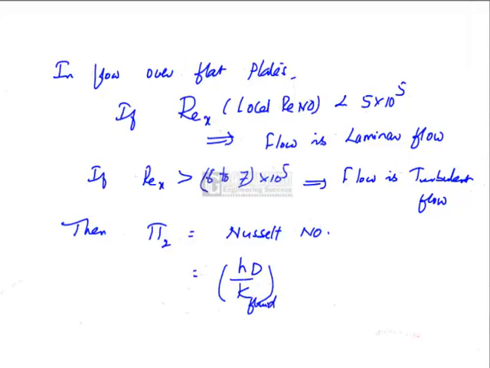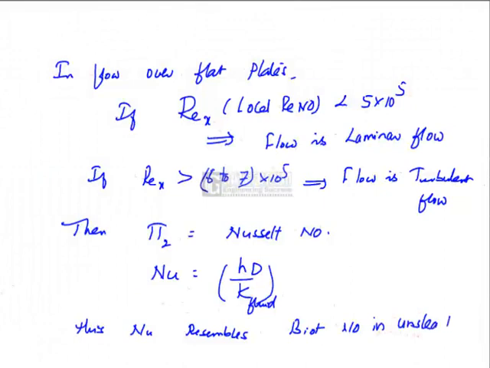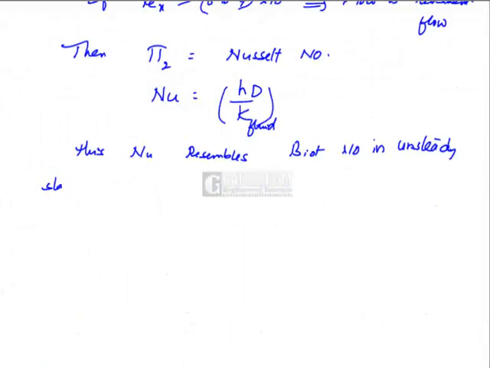This Nusselt number, abbreviated as Nu, resembles Biot number in unsteady state or transient heat conduction.